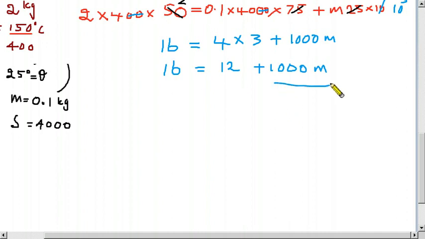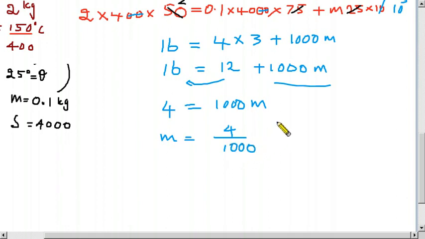So we have to find this one, we have to isolate it, so we have to take it this way. Then 16 minus 12 is 4, yes 4 equals 1000 m. So m equals 4 divided by 1000.